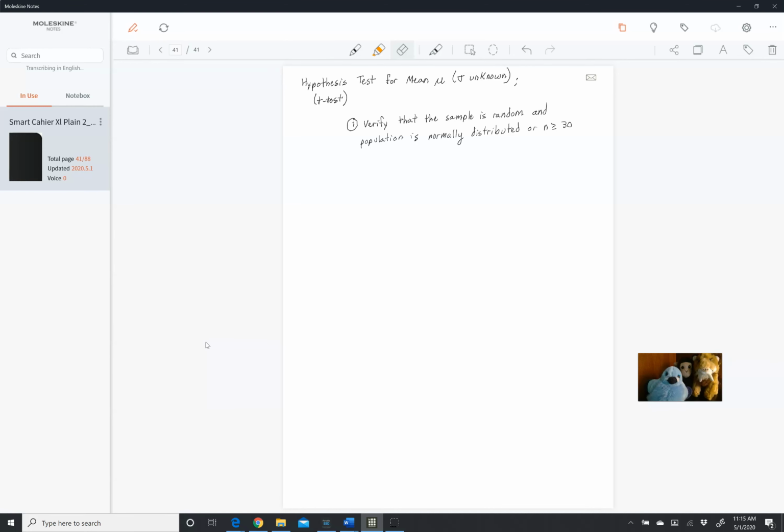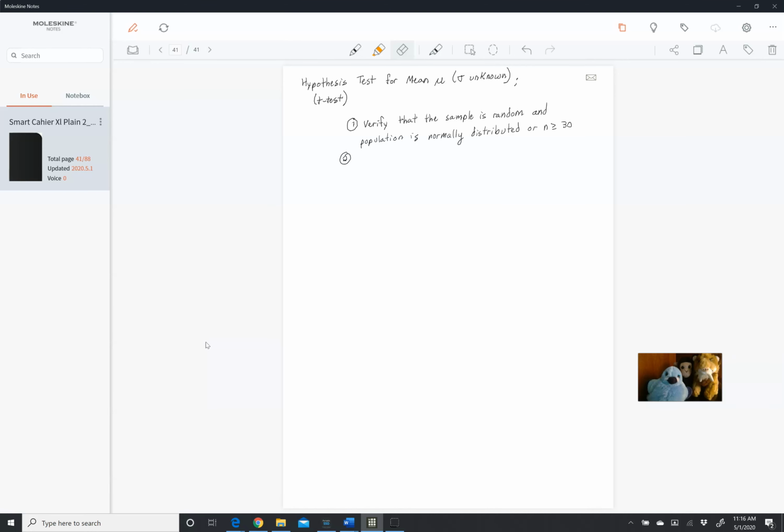That's always our first step, because if these things are not true, we're done. We can't move on to the second step, because we can't use this t sampling distribution. We can't use the t distribution if these things are not true.